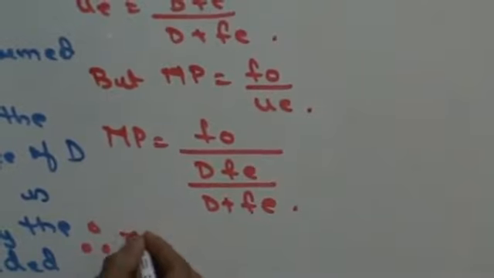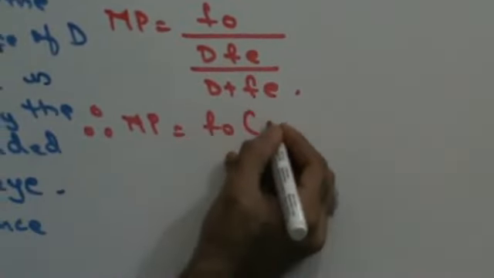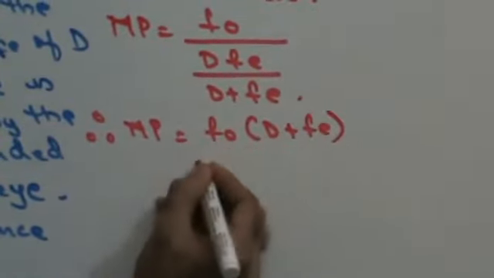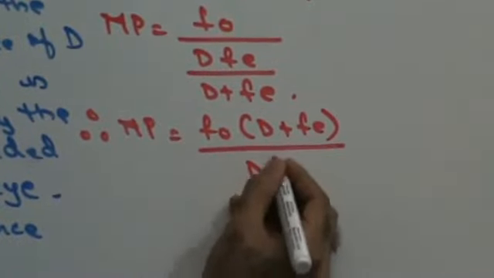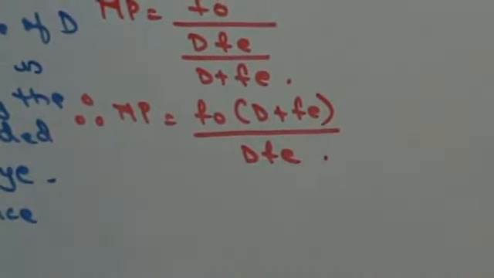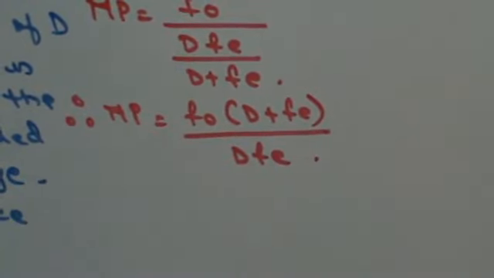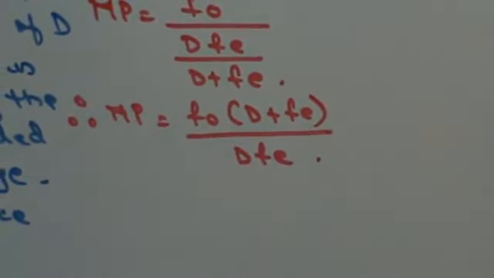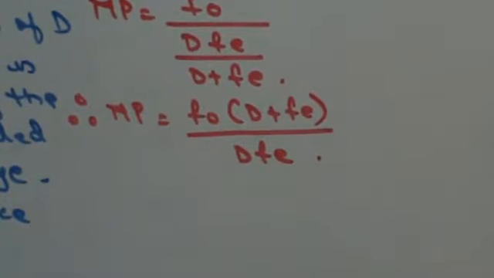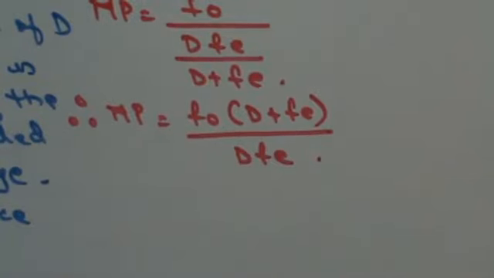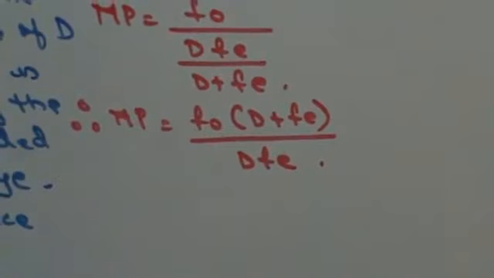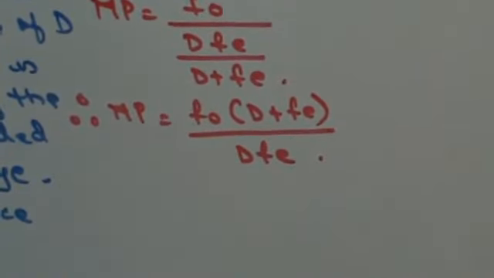Thus magnifying power is F0 into D plus FE, denominator of denominator becomes numerator, upon D into FE. So that will be your magnifying power. Fine, do we get this thing here? So do we understand the working of the telescope?